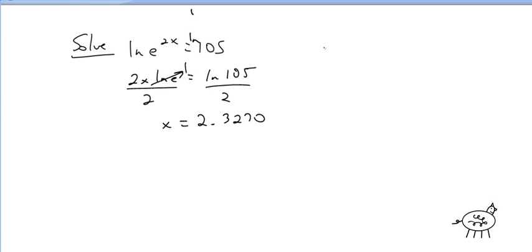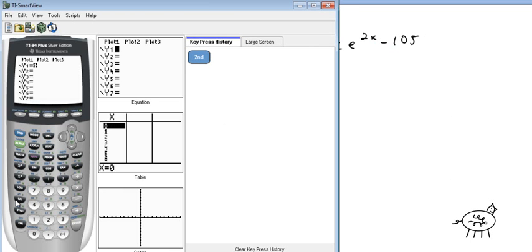And so the same thing, let's graph this. It's y equals e to the 2x minus 105. Right? And then I'm going to just set that equal to 0 and use my graphing calculator. Second e to the 2x, close parenthesis, minus 105.